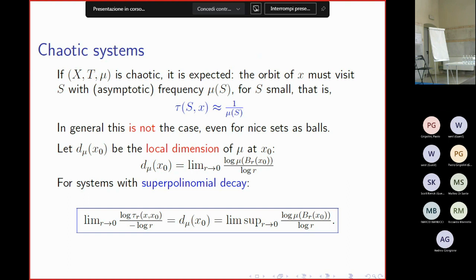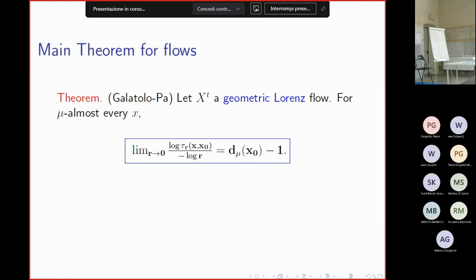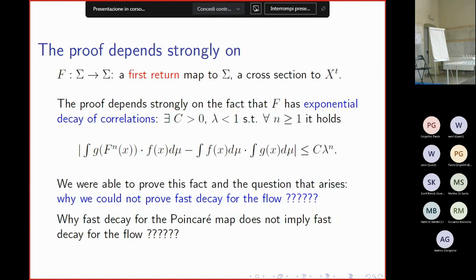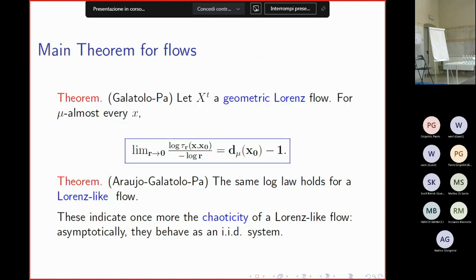The main theorem for flows, which we proved with Galatolo, is that for the geometric Lorenz flow, for mu almost every point, the hitting time behaves like the local dimension minus 1.